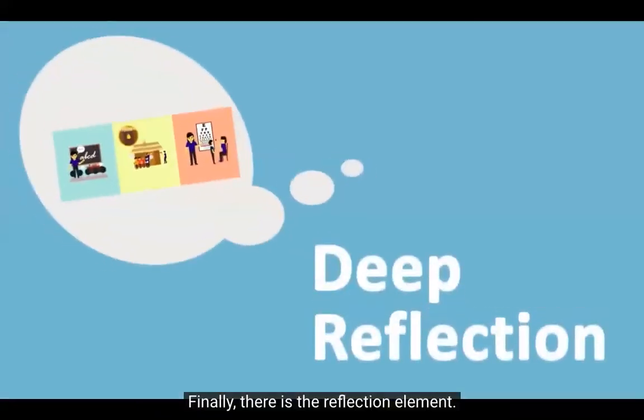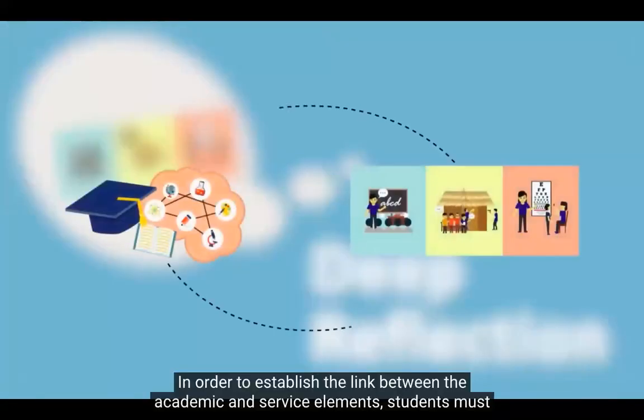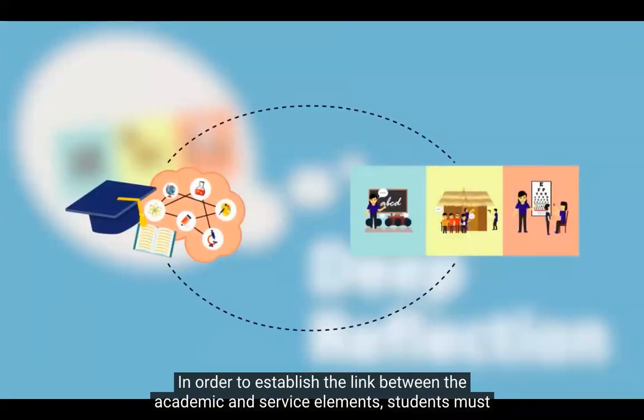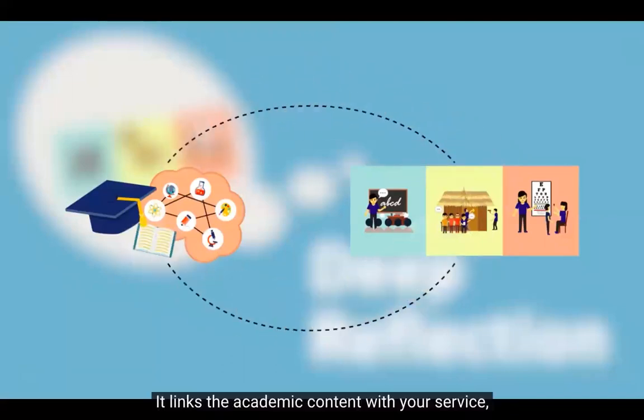Finally, there is the reflection element. While not an explicit part of the name service learning, it is a core element of the approach. In order to establish the link between the academic and service elements, students must complete some sort of reflection task. It links the academic content with your service and turns your experience into learning.